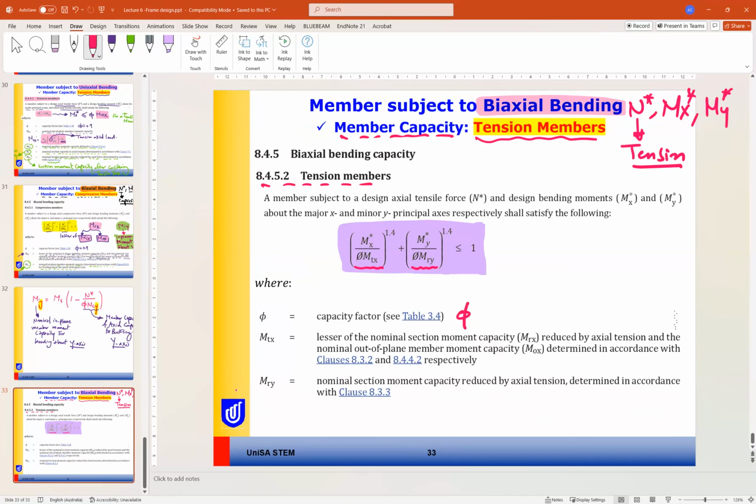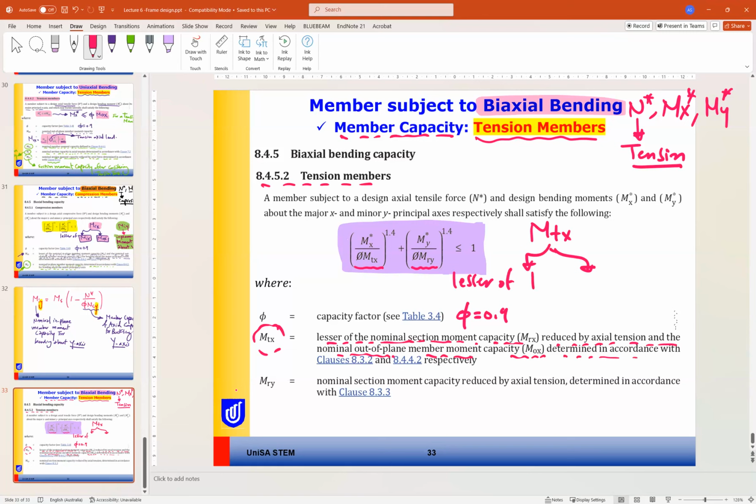So phi is 0.9. MTX is the lesser of the nominal section moment capacity MRX reduced by axial tension, and the nominal out of plane member moment capacity MOX determined according with these two clauses. So again, MTX has two values. We will take the lesser of them.